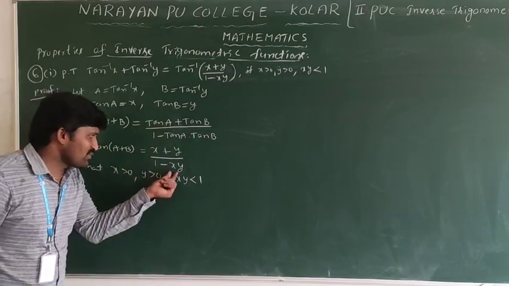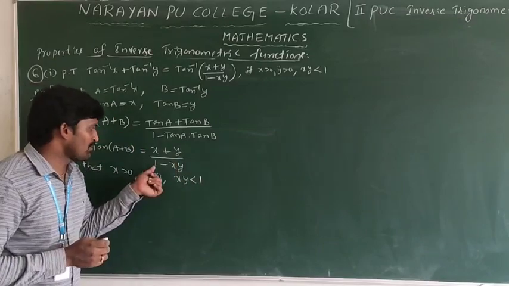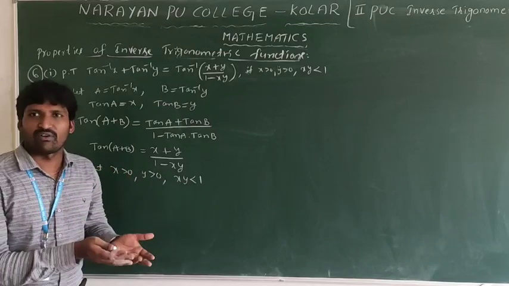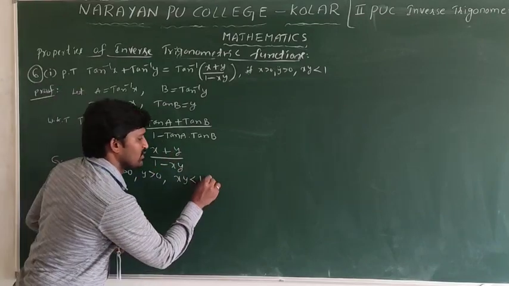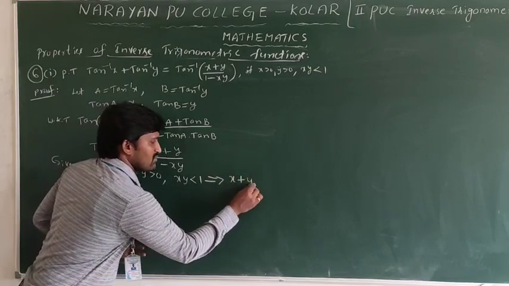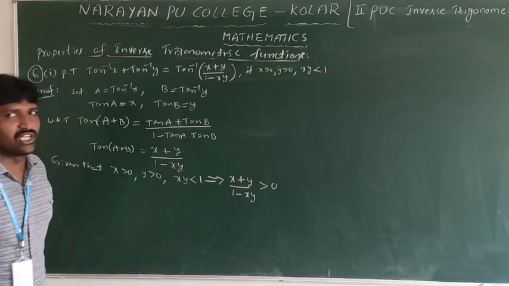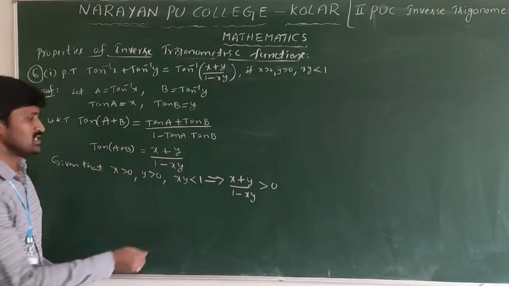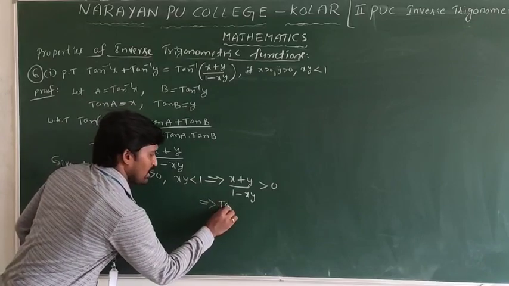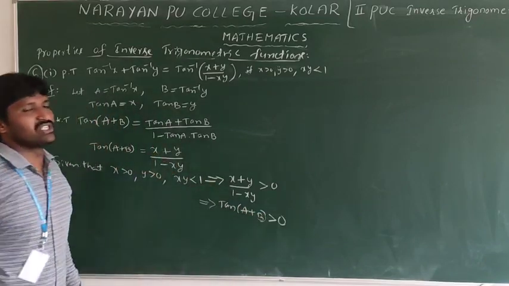For example, if xy is 0.5, then 1 minus 0.5 is 0.5, clearly positive. So the overall value also becomes positive. That is, (x plus y) by (1 minus xy) is clearly greater than 0. When this value is positive, tan of A plus B is also positive.